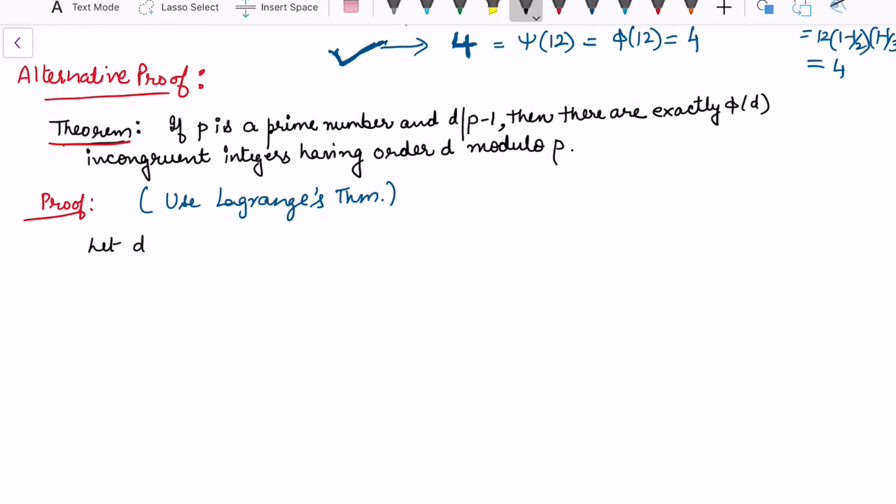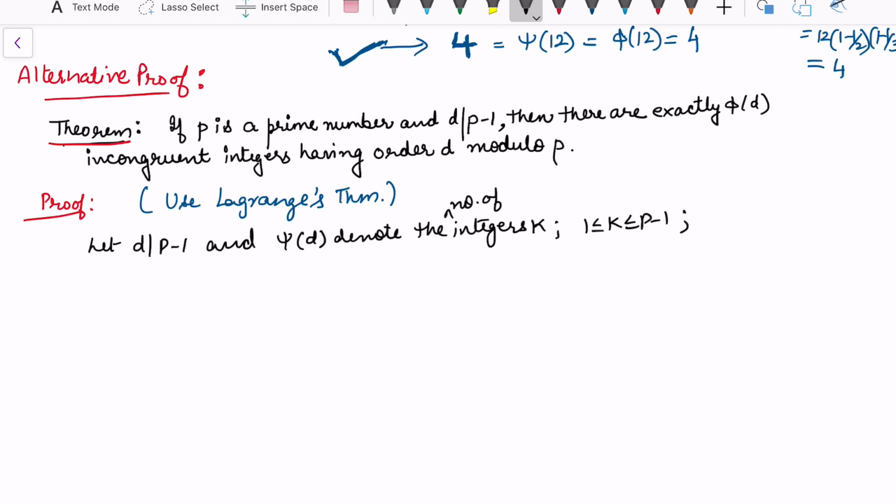Now again in this case, let d divide p minus 1, and in the same way xi d denotes the count of integers k such that 1 is less than or equal to k less than or equal to p minus 1 that have order d modulo p.